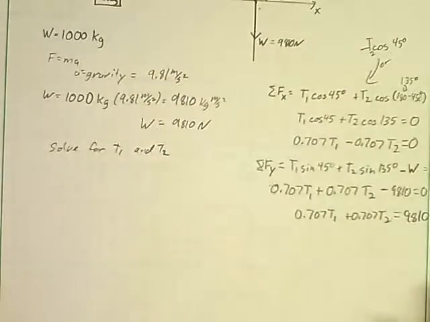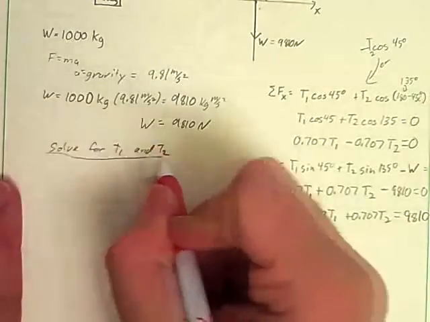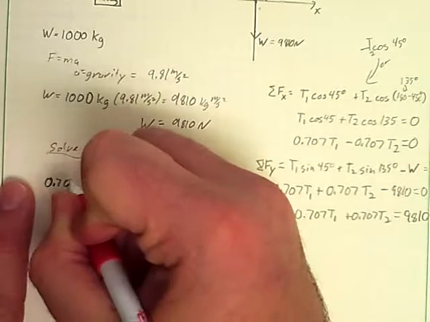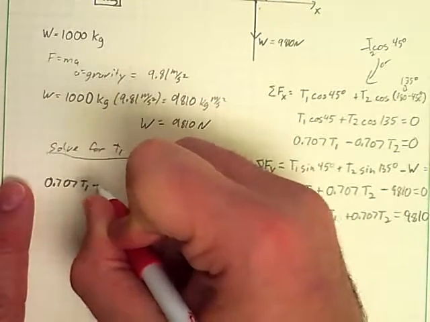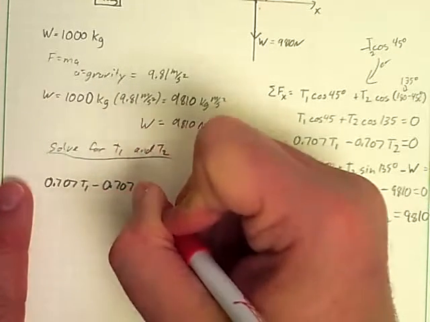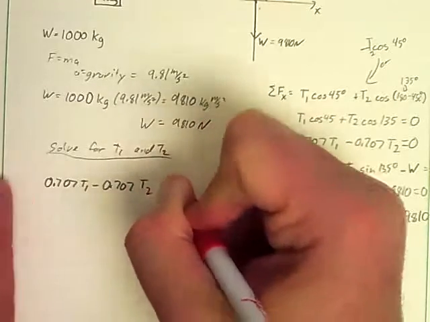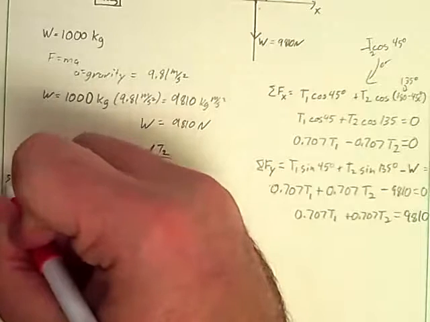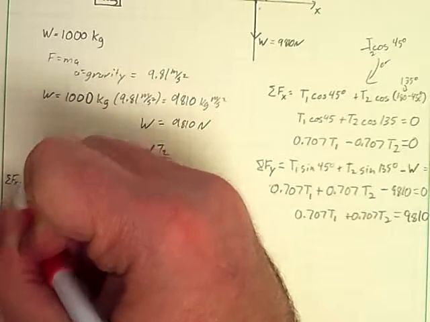I know that 0.707 T1 minus 0.707 T2 equals 0. This is from the sum of forces in the x direction.